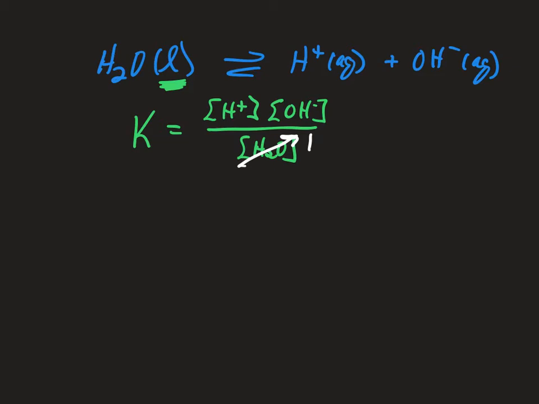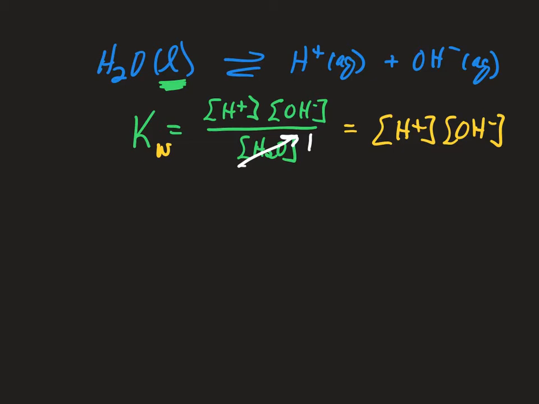And so if we put 1 in for the water, then we get an equilibrium constant that is just the concentration of hydrogen ions times the concentration of hydroxide ions. It is just a product of the two ion concentrations. And so we give this a special name, and that is the Kw, the equilibrium constant for the dissociation of water.